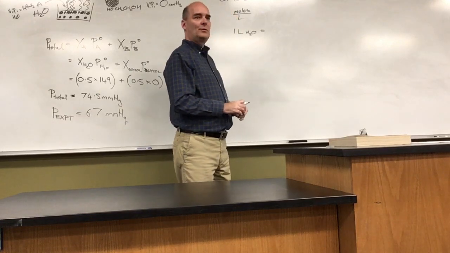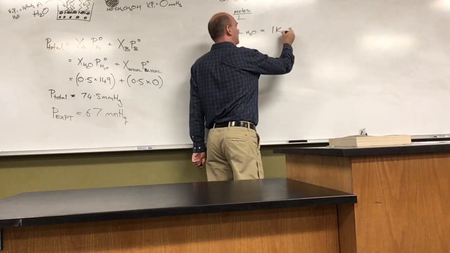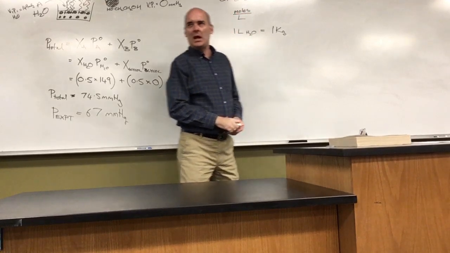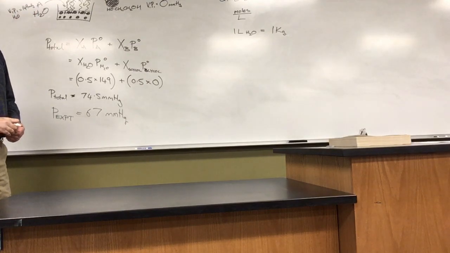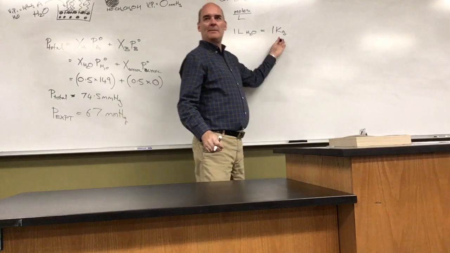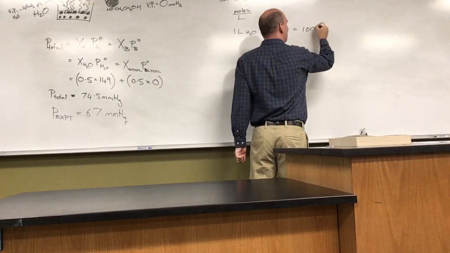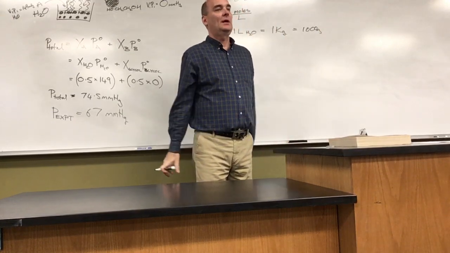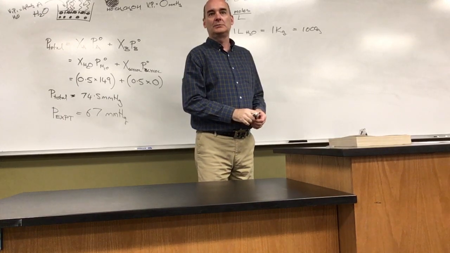So a liter of water weighs 1 kilogram. It actually weighs 998 grams. It's a little bit off. It's like 997 point something. It's a kilogram, which is 1,000 grams. Okay, so if I have a liter of water, I have 1,000 grams of water molecules.